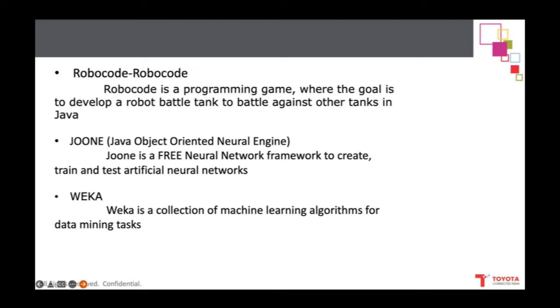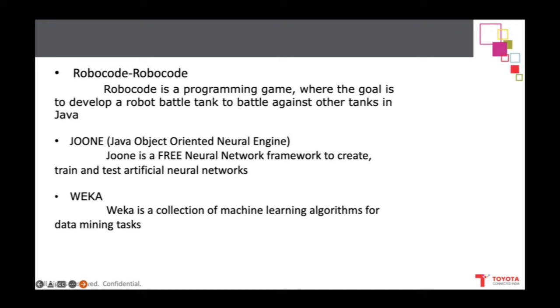The goal is to develop a robotic battle tank game where your tank battles against another tank, which has to be developed in Java. So it is mainly to give awareness, and it's kind of a learning session. This Robocode is a game that can be used to develop this kind of games.